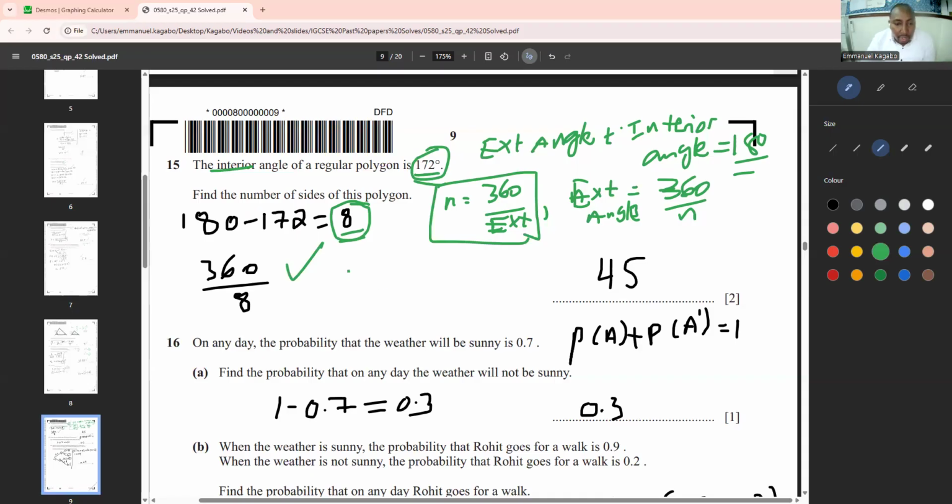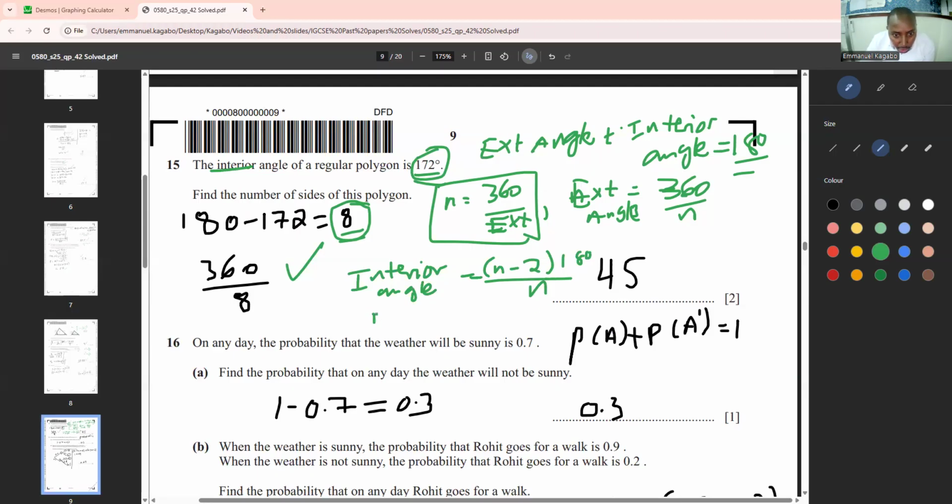Another way you can use is this formula: one interior angle is equal to the number of sides minus 2, times 180, over the number of sides. If you use the same formula, you will end up getting exactly the same thing. Should I do it and you see?